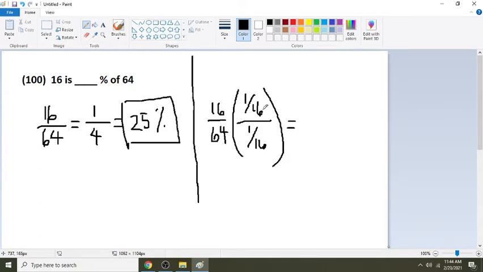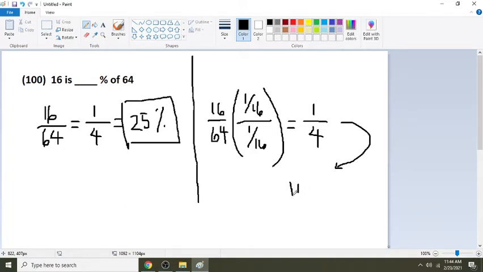So 16 divided by 16 is 1, and 64 divided by 16 is 4. If we are going to solve this, that means 1 divided by 4. Let's solve it.